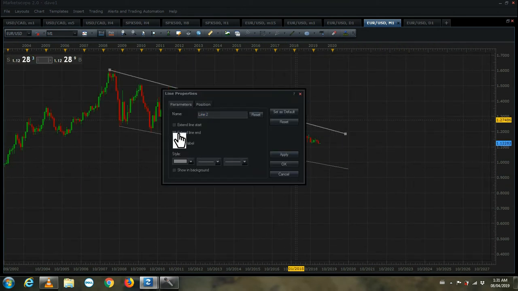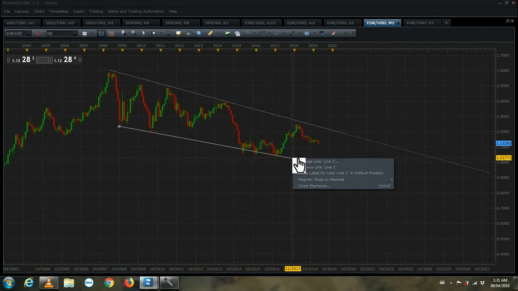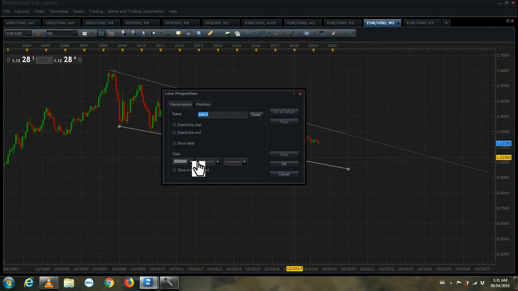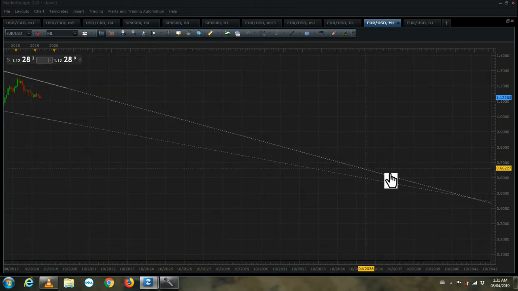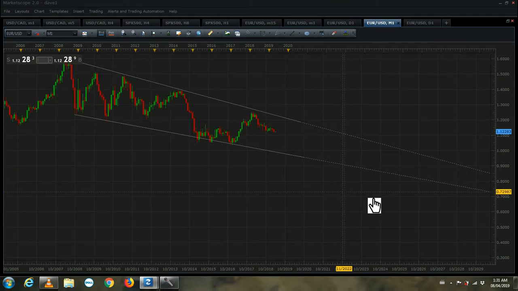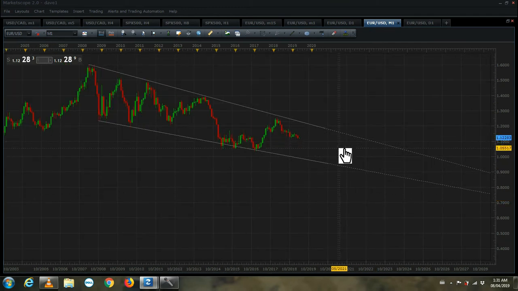If I change line, extend to the end, okay, somewhere around here, which would be 2036, I might see a rebound.